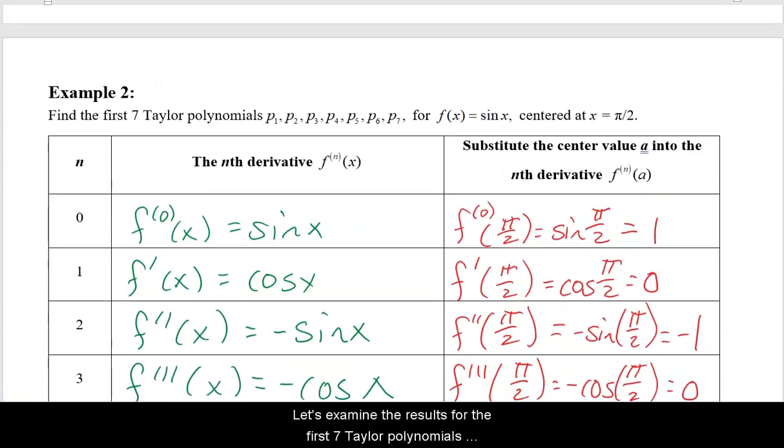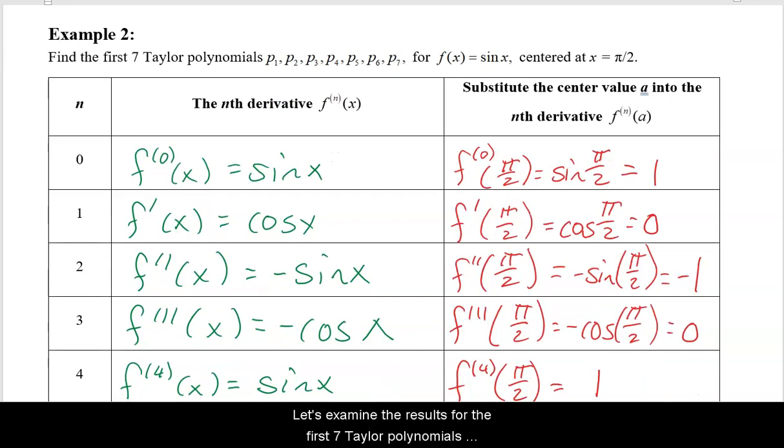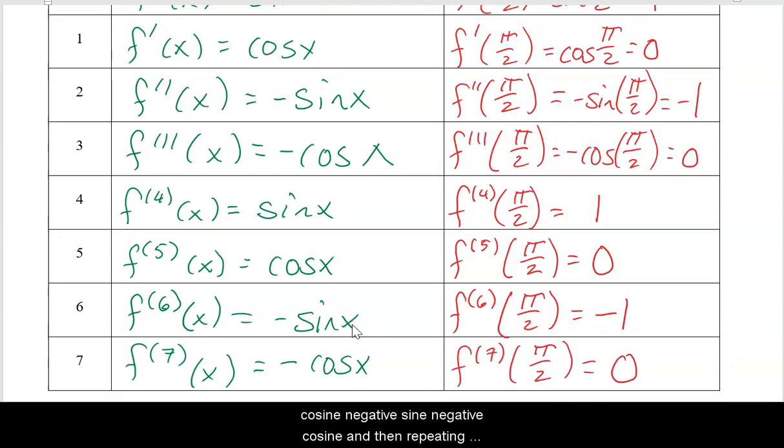Let's examine the results for the first 7 Taylor polynomials for sine of x centered at x equals pi divided by 2. The functions in the column for the nth derivative have not changed from the previous. The derivatives are exactly what they were before in a repeating pattern of 4: sine, cosine, negative sine, negative cosine, and then repeating.